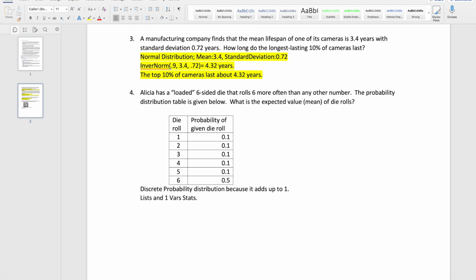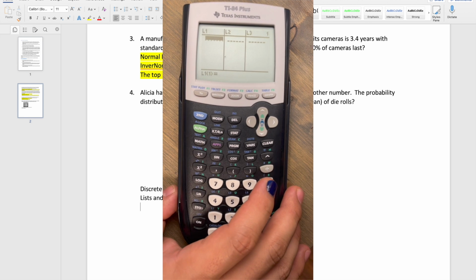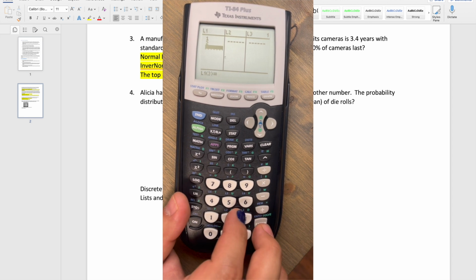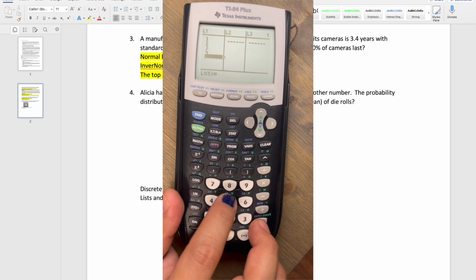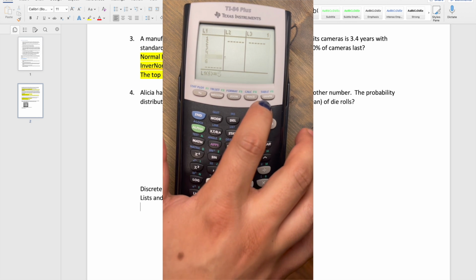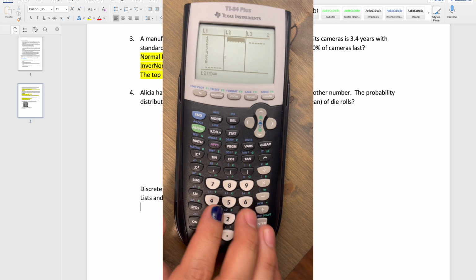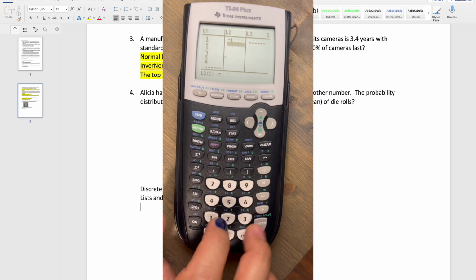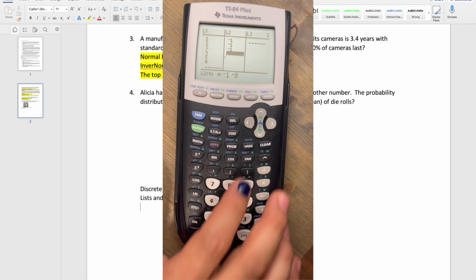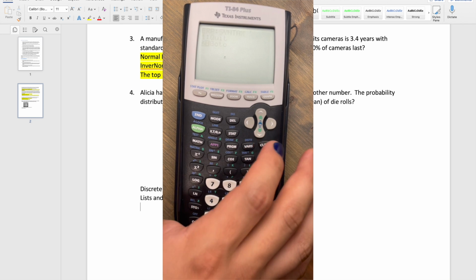So we're going to create a list. And L1 will be the 1, 2, 3, 4, 5, 6. And then on our frequency list, 0.1, 0.1, 0.1, 0.1. Oh, I did it wrong.